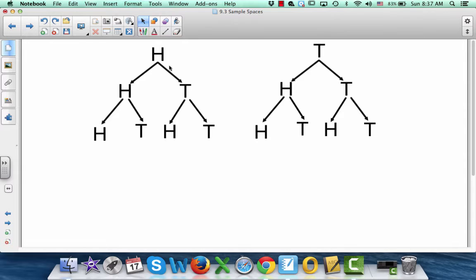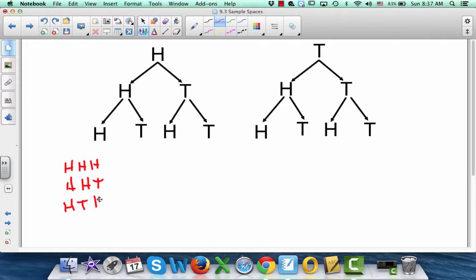Now, when you have a tree diagram and you want to list your sample space, what you can do is like this: heads, heads, heads. Then heads, heads, tails. Then over here heads, tails, heads.